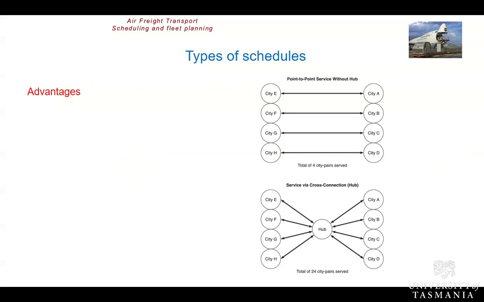Now, some of the advantages of the hub and spoke, because when we think cargo, we're thinking more about hub and spoke. The first real main one is all of a sudden you are presented with a lot more options in terms of where your cargo can go to. So there's a lot more city pairs.